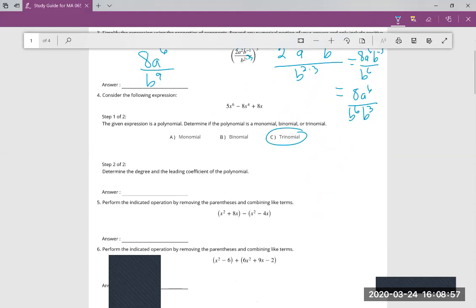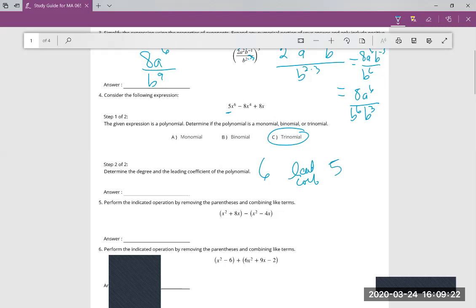Determine the degree and the leading coefficient of the polynomial. The degree of this polynomial is 6, and that comes from the highest exponent. The leading coefficient is going to be equal to the number that precedes the x to the 6th. So that's going to be 5.